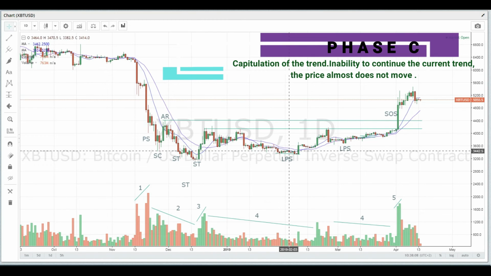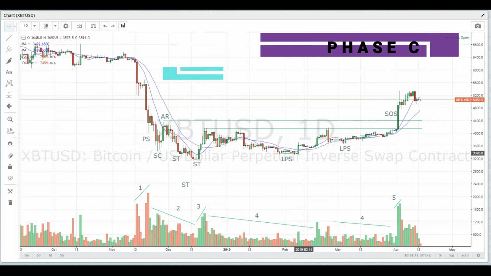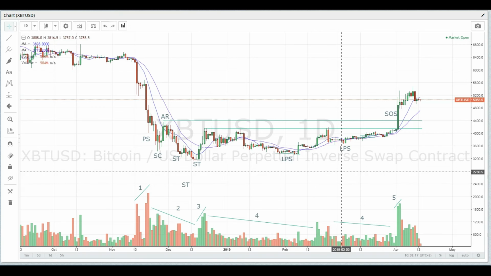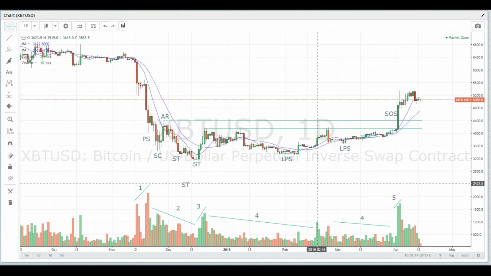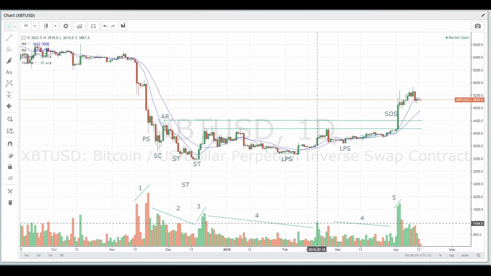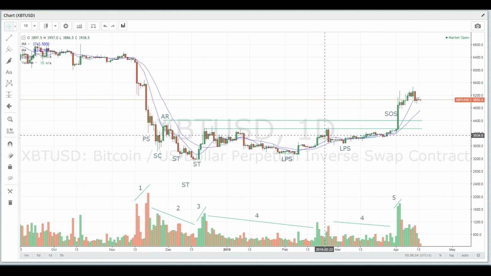It looks like sellers don't have enough strength to push prices lower. It's a very important moment. And you see that volume increases during the upward move. This is very important, because it shows the interest of smart money in moving the prices up.